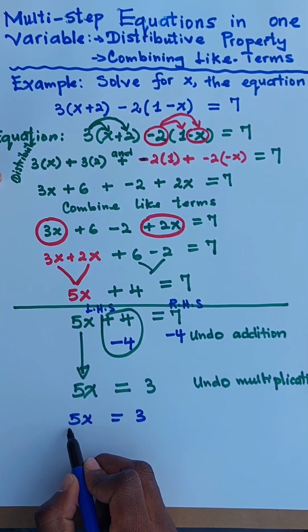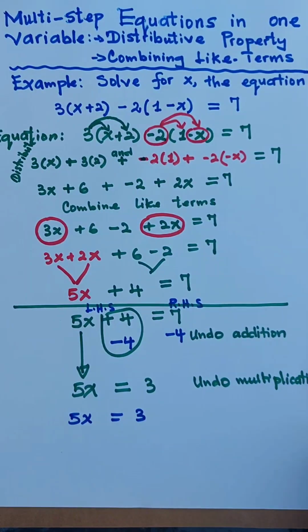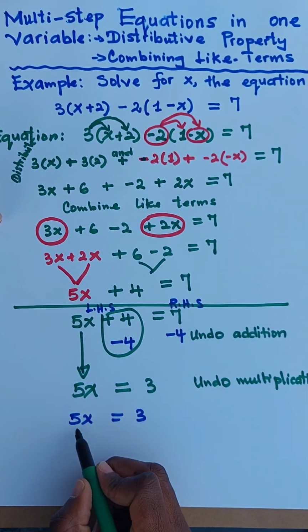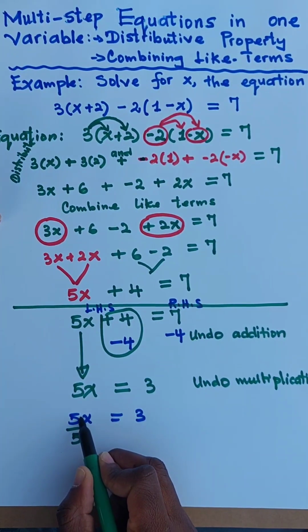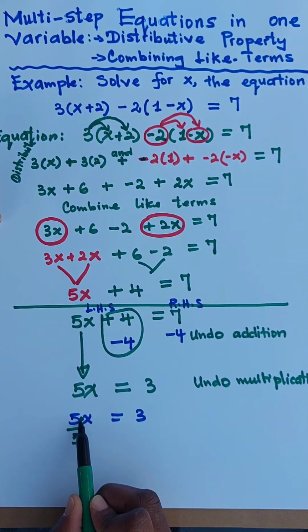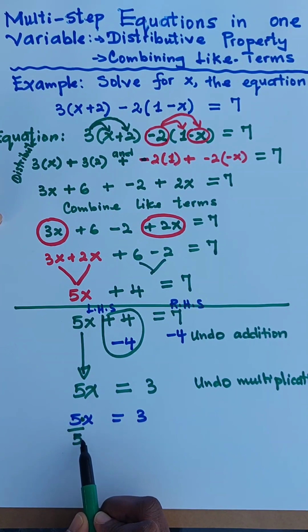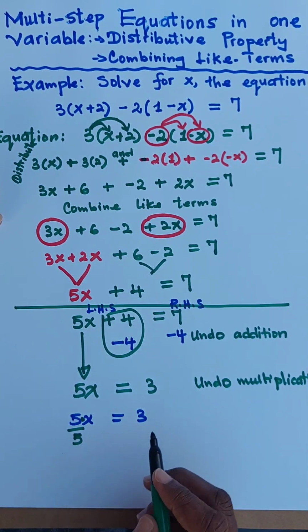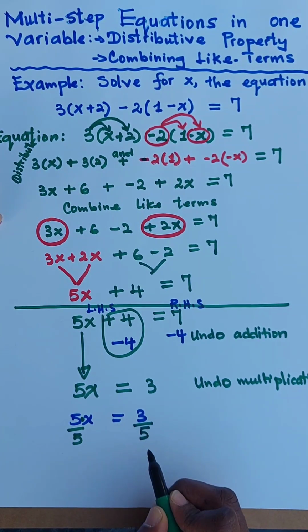So to find that number, that when we multiply by 5 we get 3, we just do the reverse of multiplication, which is division. So we divide by the coefficient of x. This is where the multiplication occurs. 5x means 5 times x, so we remove that coefficient of x with division, so we divide by 5, and then we also divide this 3 by 5.